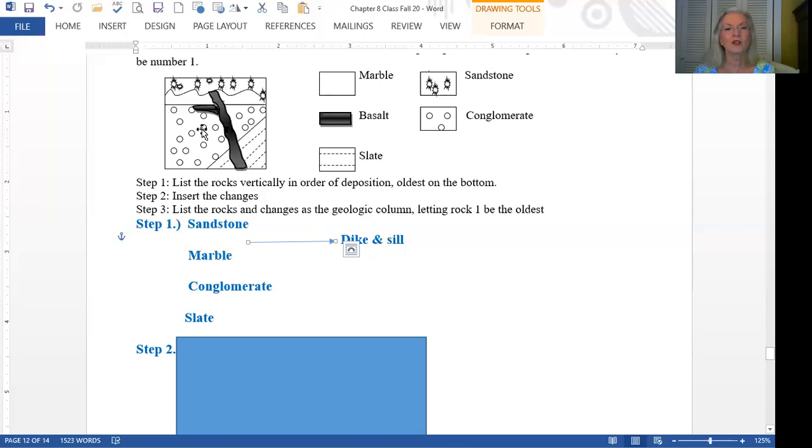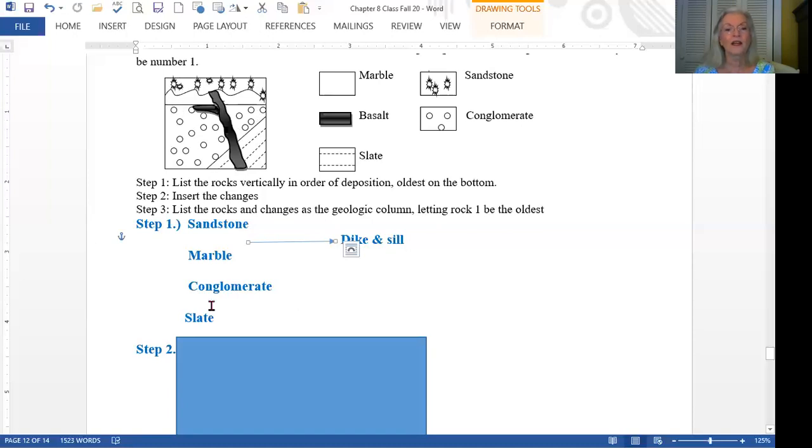Does the conglomerate look tilted? No, because if we look at its top layer, it goes straight across. If the conglomerate and slate had both been tilted at the same time, the conglomerate's top layer would have matched the slate's and it would have come down at an angle also. So we know that the slate got deposited and then it got tilted and then the conglomerate.